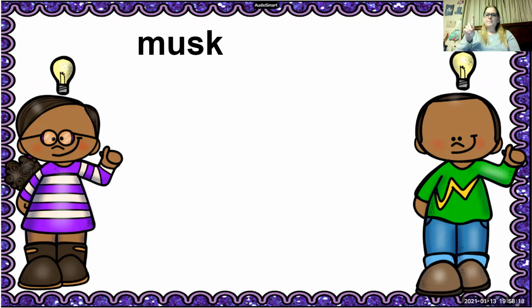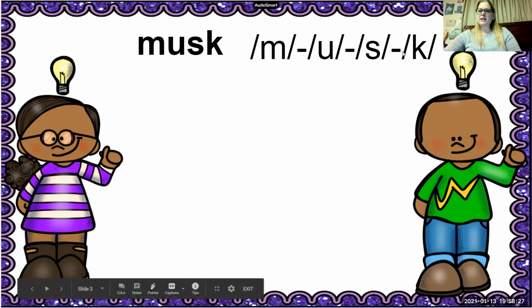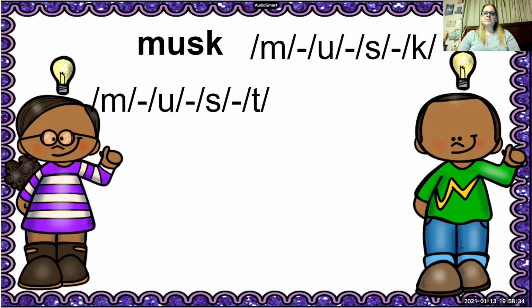I hear usk. I hear 4 sounds. We are going to take this last phoneme sound right here, the k, and we're going to change it to t, t. What is the new word on the curve? It is must. Very good.